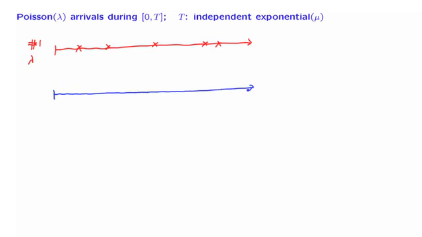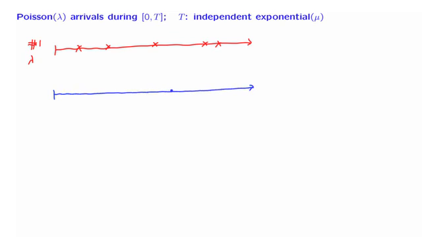So here is what we have. We have a Poisson process, let's call it the first Poisson process, that has a certain rate lambda. And this Poisson process has arrivals at various times. And then we have a random variable, capital T, which is exponential.